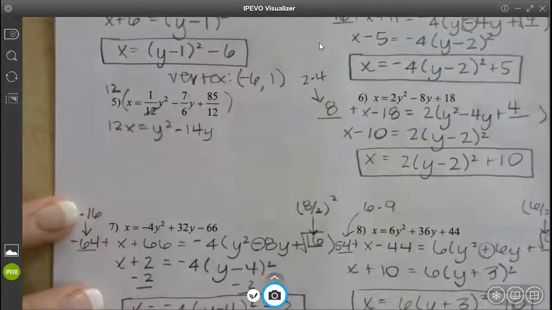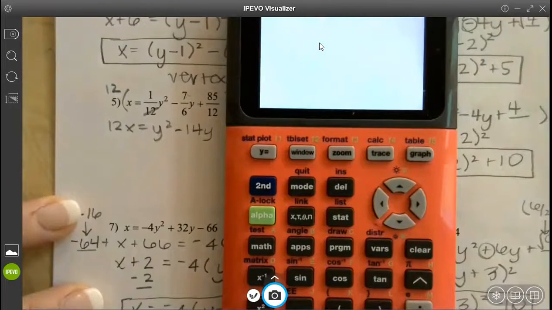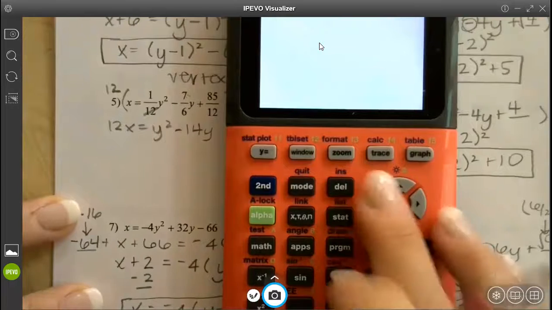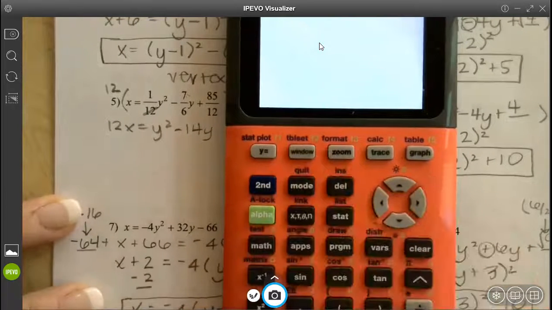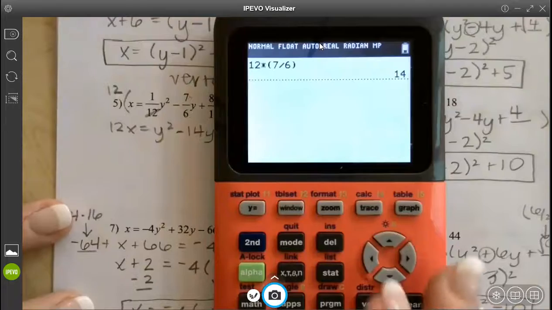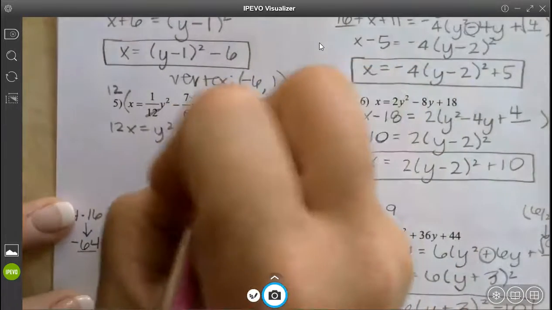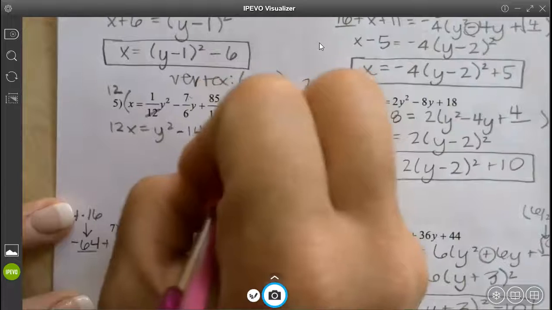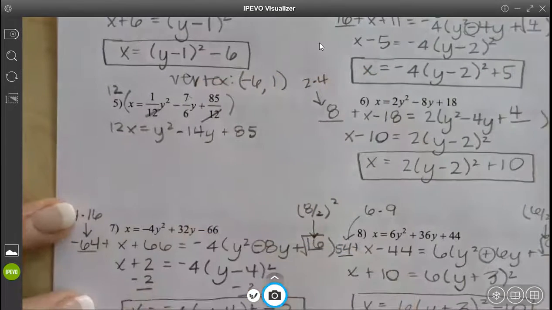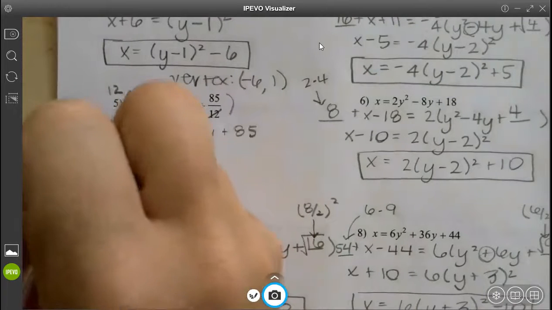But again, you can put it in your calculator. 12 times 7 over 6, I'll put parentheses in there, and you can see that it's 14. Okay, so you can use your calculator, it's fine. And then we have plus our 85 because it just cancels the 12 out. Now it's just a normal problem. Move your 85 and clean it up.